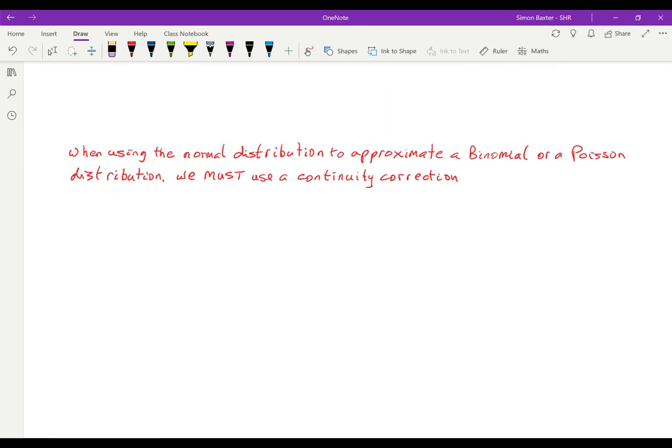Don't forget that when you're using the normal distribution to approximate a binomial or to approximate a Poisson distribution, you must use a continuity correction.